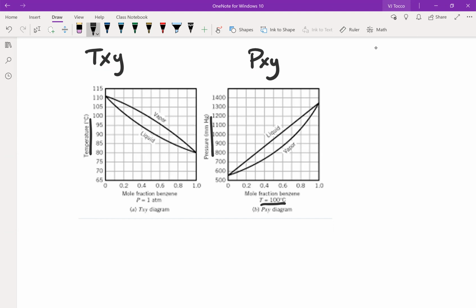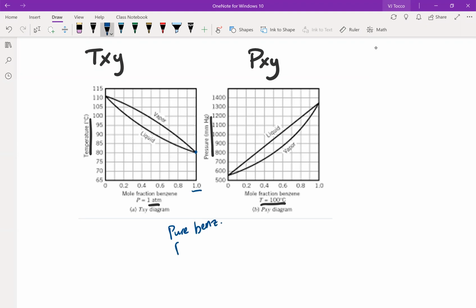So for example, at 1 atmosphere, I can use the Txy diagram to determine what the boiling point of pure benzene is. So that's the first piece of information you can get off of the Txy diagram. You get the pure component boiling points off of this diagram. So at the very ends where I have 1, I'm looking at mole fraction of benzene.